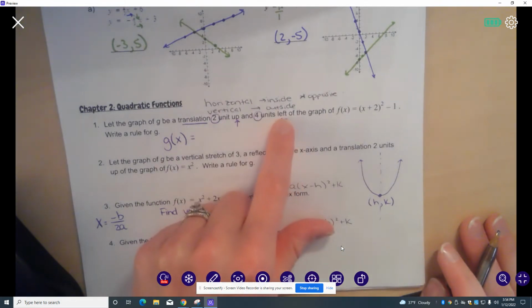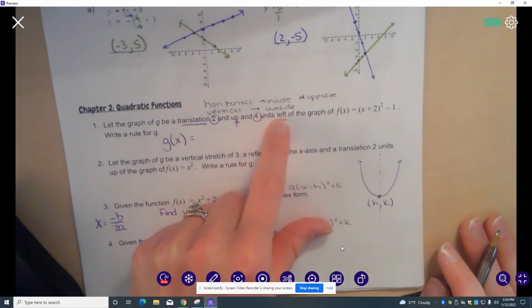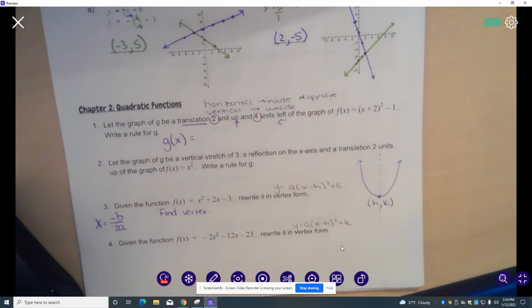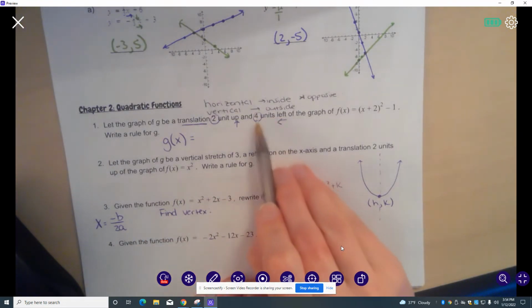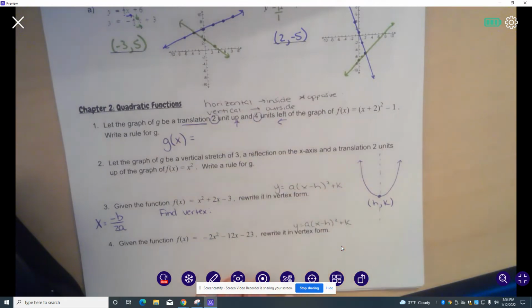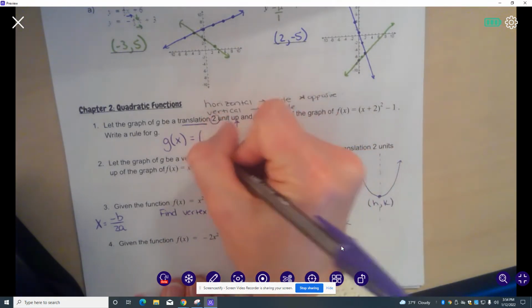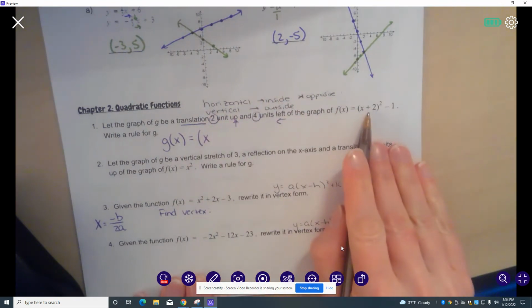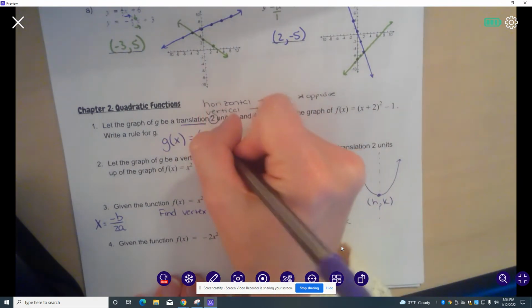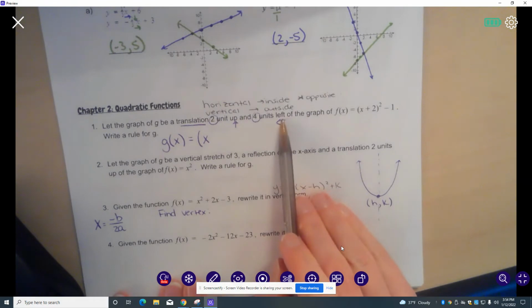And if I'm shifting 4 units left, that's a horizontal shift, and that's going to be opposite. So since it's left, I'm going to add 4 on the inside of my function. So if I'm using f of x, this is kind of the setup I'll have. Inside the function, or inside the parentheses, I'm going to be adding 4, right?